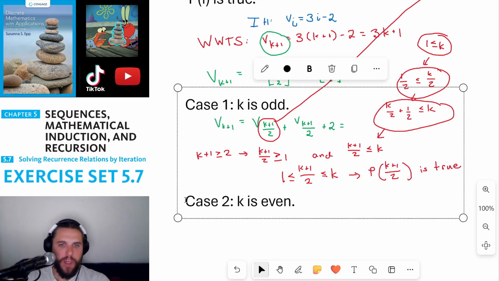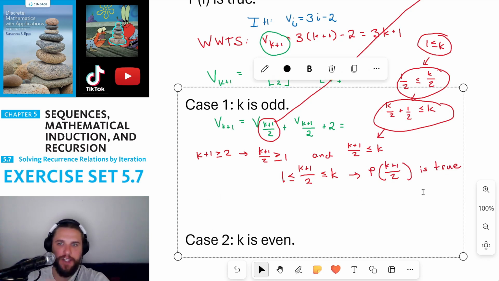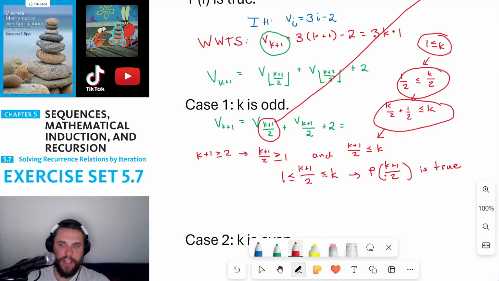And so this is where we apply the inductive hypothesis. The inductive hypothesis tells us that p of (k plus 1) over 2 means that v sub (k plus 1) over 2 is just 3 times the value of the index minus 2. So this is just 3 times (k plus 1) over 2 minus 2. And that's by the inductive hypothesis.